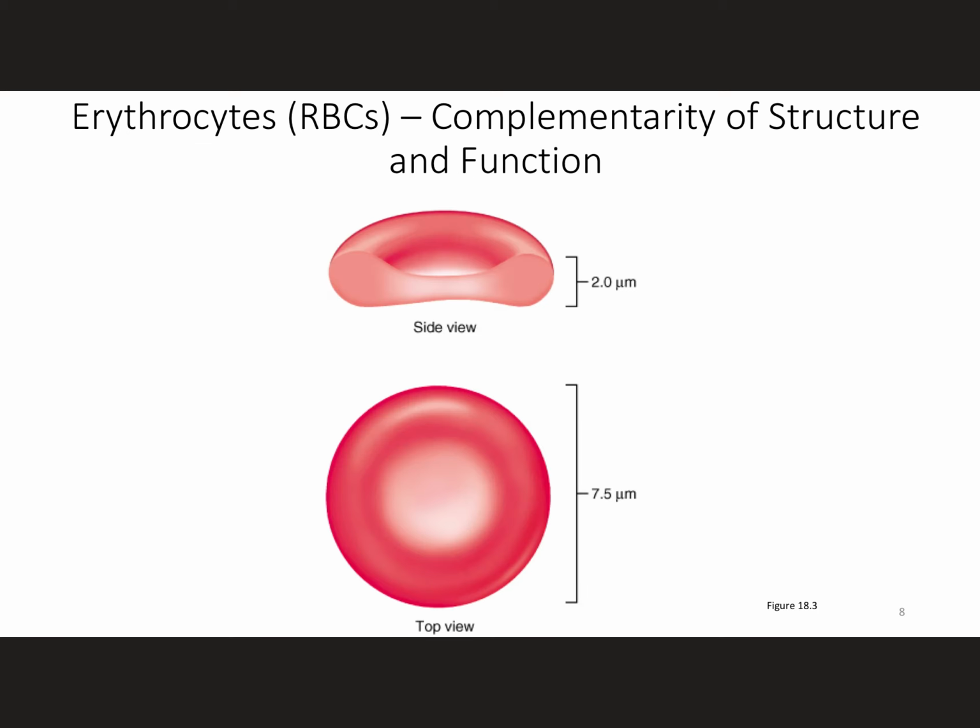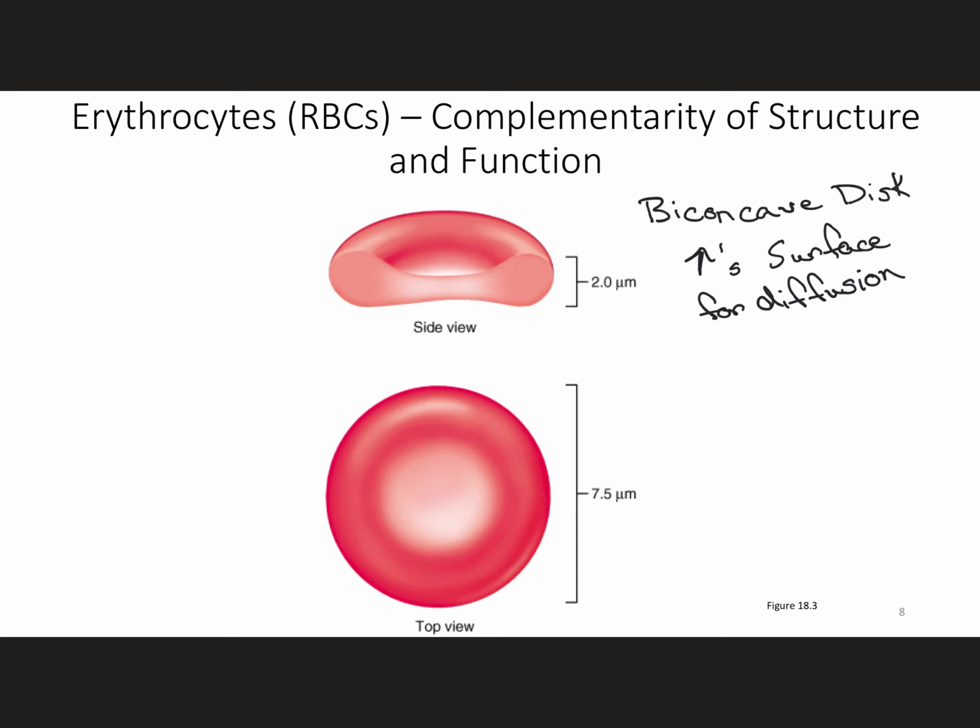Now, erythrocytes are a classic example of complementarity of structure and function. Remember, they're a biconcave disc, which increases the surface area available for diffusion. If you exclude the water, they're more than 90% hemoglobin.